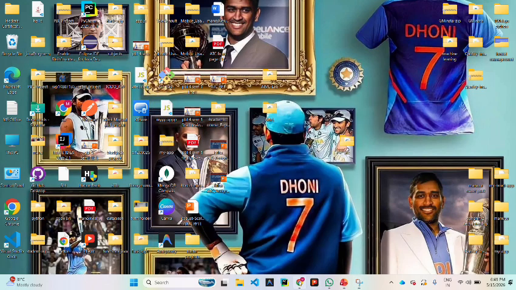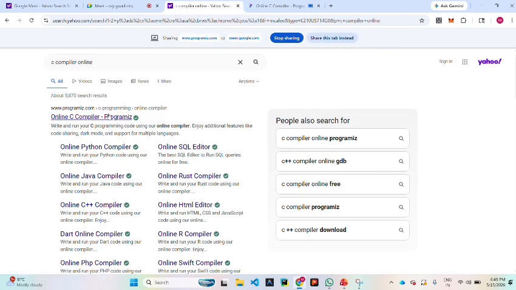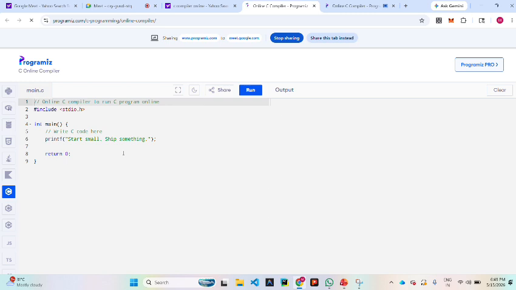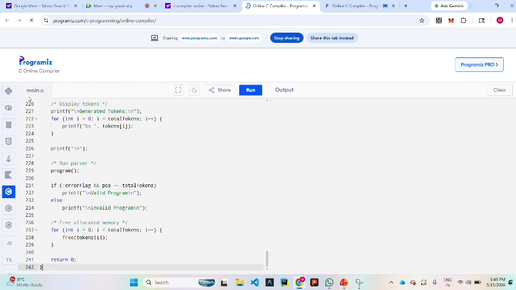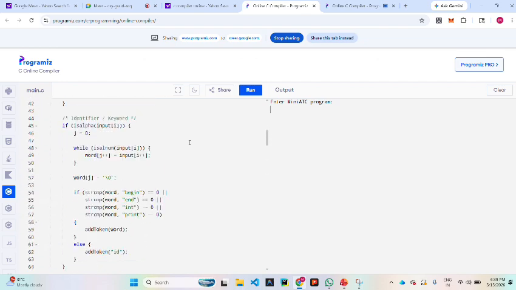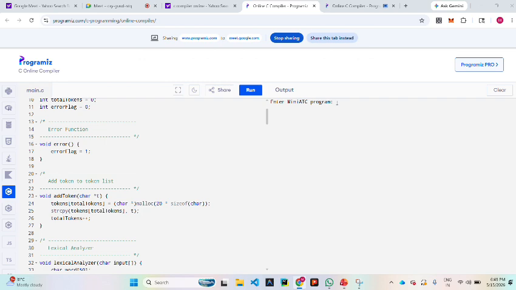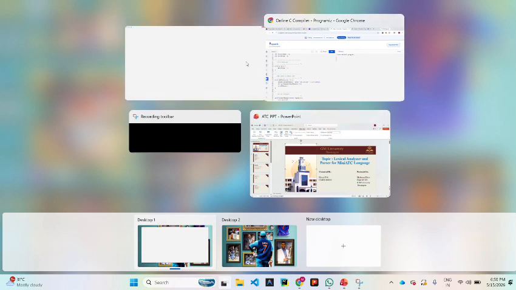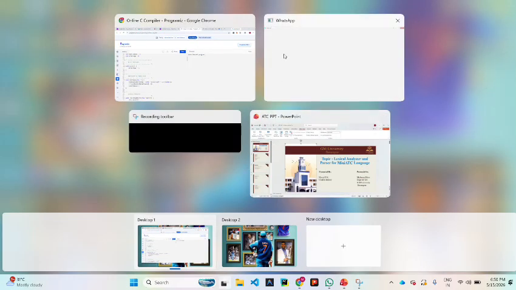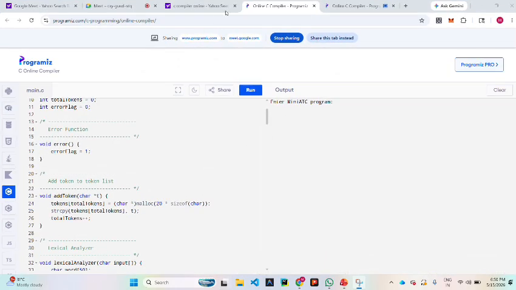See, this is our program. We have given a simple Mini ATC input.